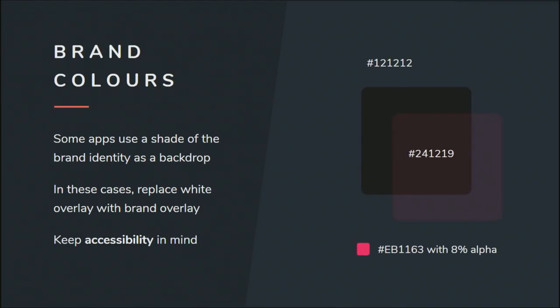In this example, I've done it with a pink layer, and with the 8% opacity, I get a completely new hex code, which is now my default surface for dark designing on Android. Again, this is the color I set to the surfaces, and then I let the elevation attribute handle the rest of the lightening.